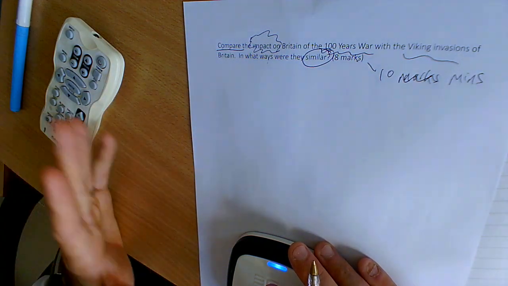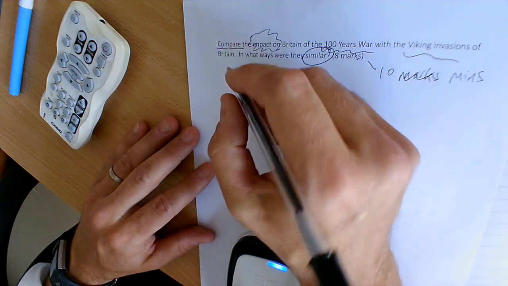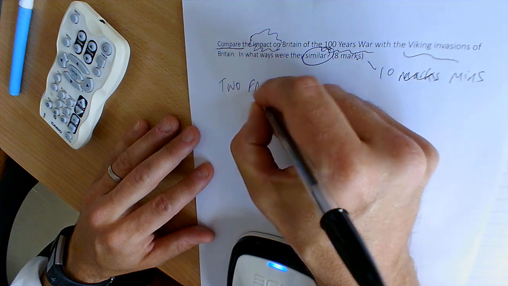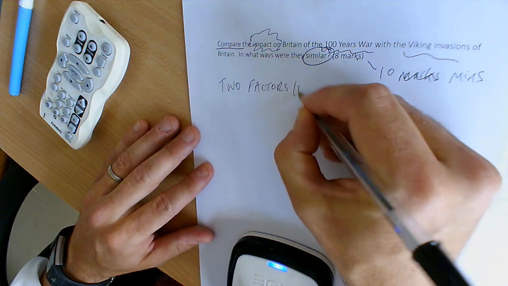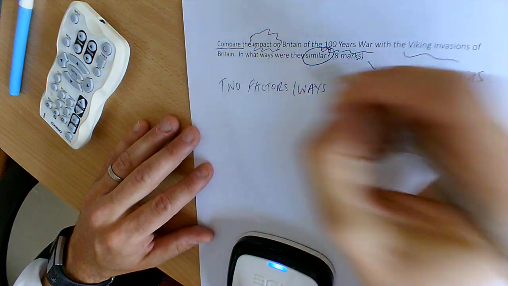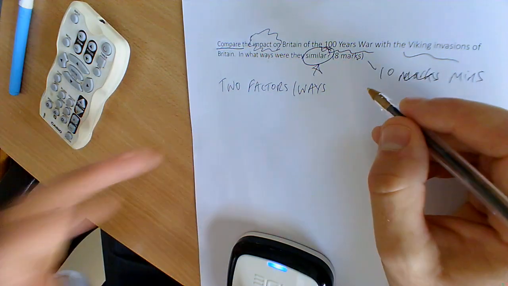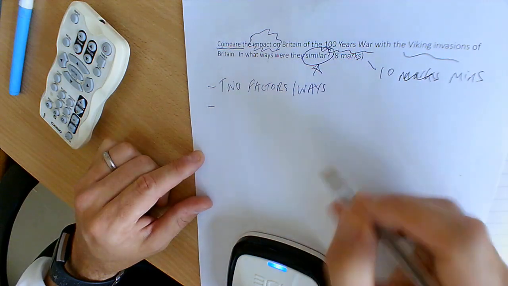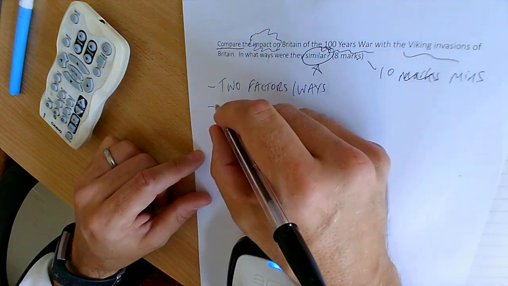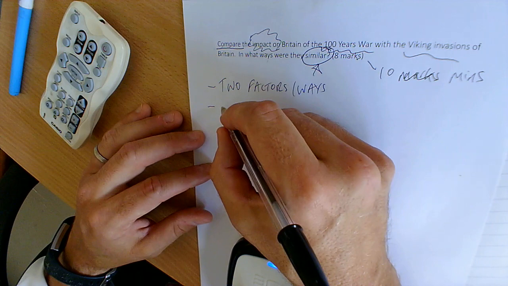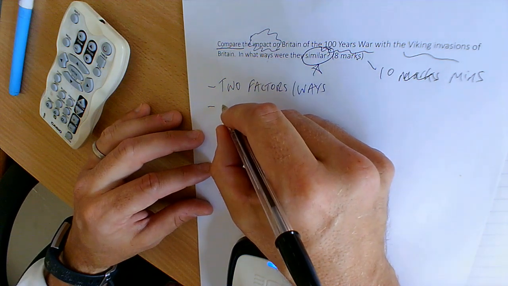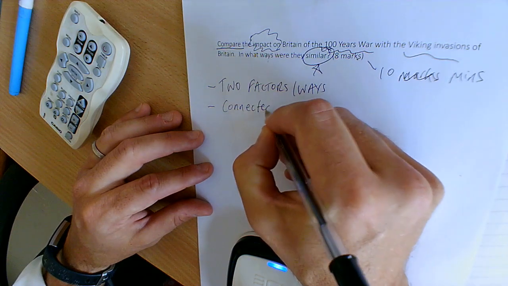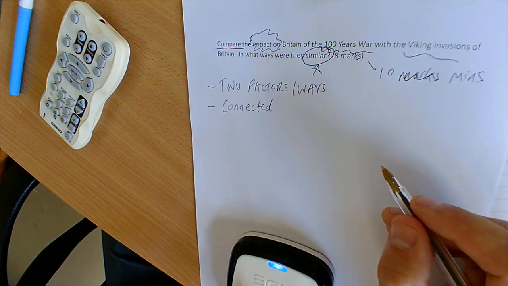What is the examiner looking for in this question? He is basically looking for you to identify two factors or ways in which they are, in this case, similar. That's the ideal, okay? The absolute best answers, the top level answers, will also have some sort of judgment at the end that shows how those two factors are connected in some way.